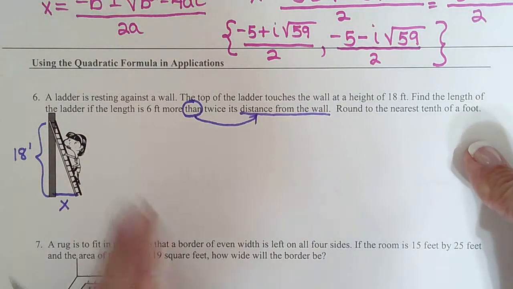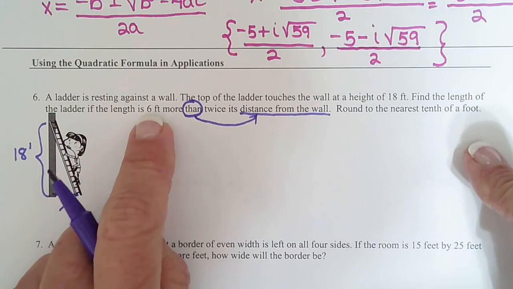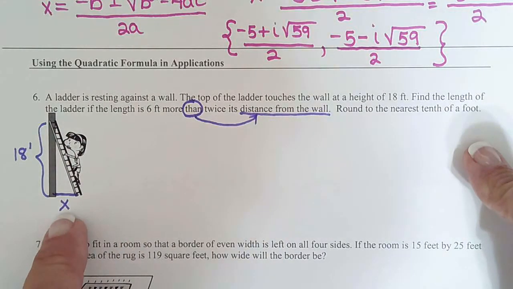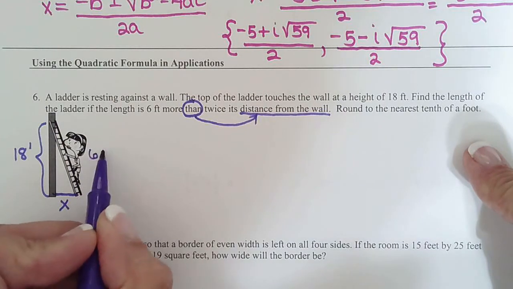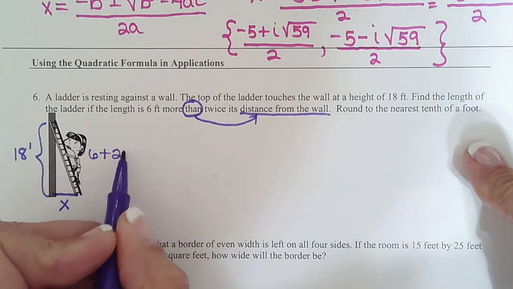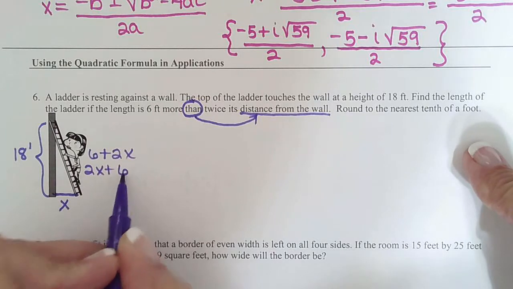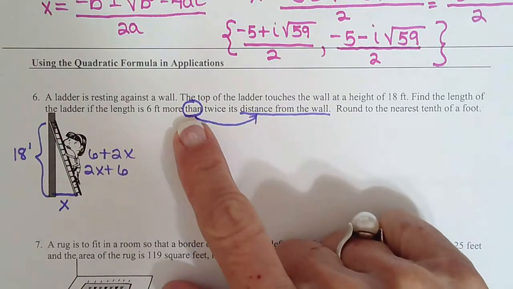Then we reread the problem to find out what to put for the ladder. The ladder is 6 more than twice that. So you could write 6 more than twice that, or even better would be 2x plus 6. So you just translate it word for word. You find the word than.